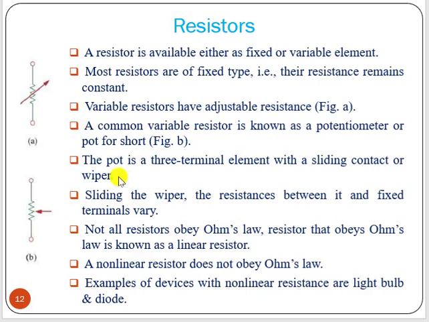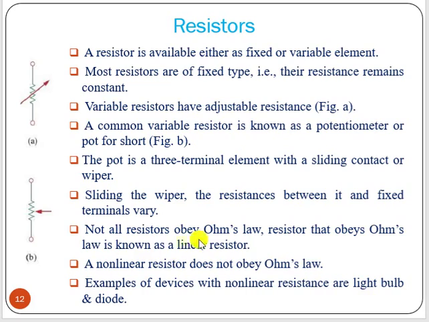Another common variable resistor is known as a potentiometer, or pot. Here we have three terminals, and this terminal, the sliding wiper, varies from top to bottom. According to that, the resistance value changes.